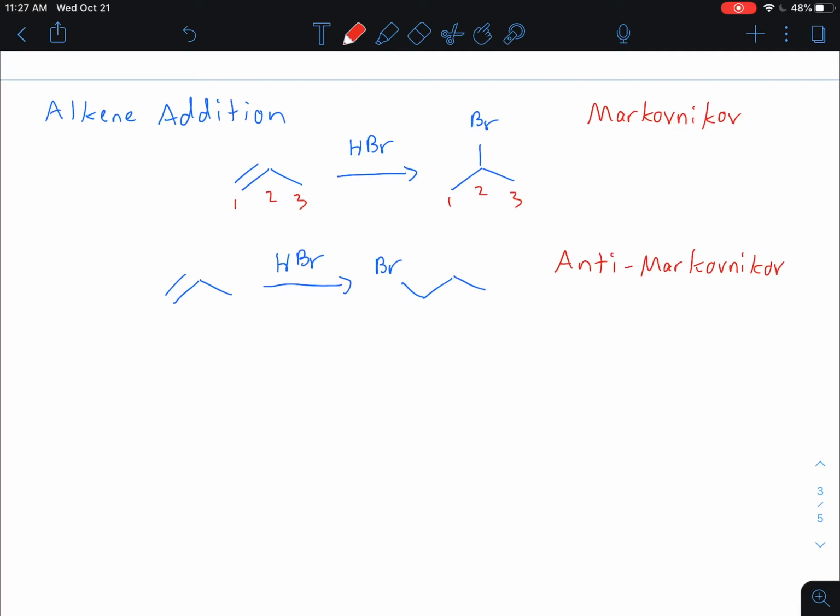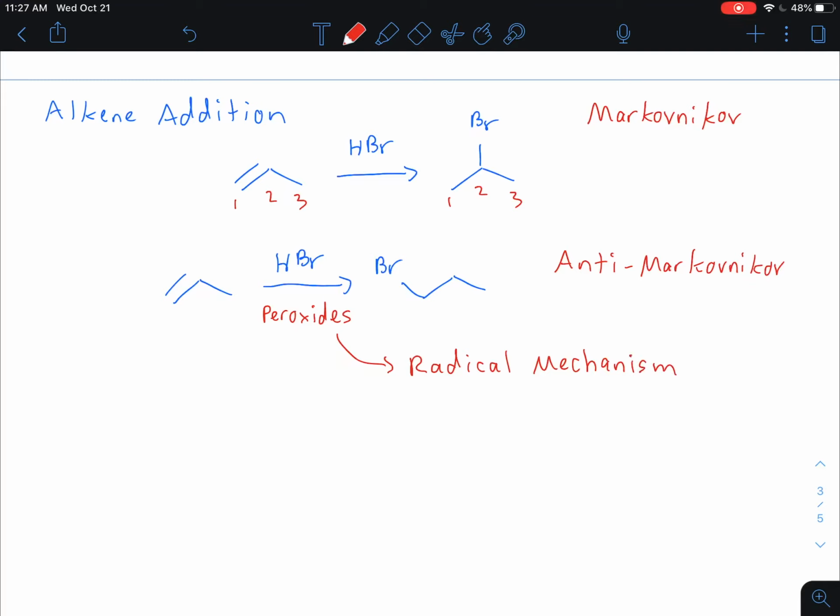And so then they went back to look at what happened, and what they found out is this was done from an HBr bottle that had been open for a little while. And so the conclusion was that there were some peroxides that had formed in the HBr bottle, and the presence of those peroxides was causing the reaction to go through a radical mechanism instead of the regular ionic mechanism.